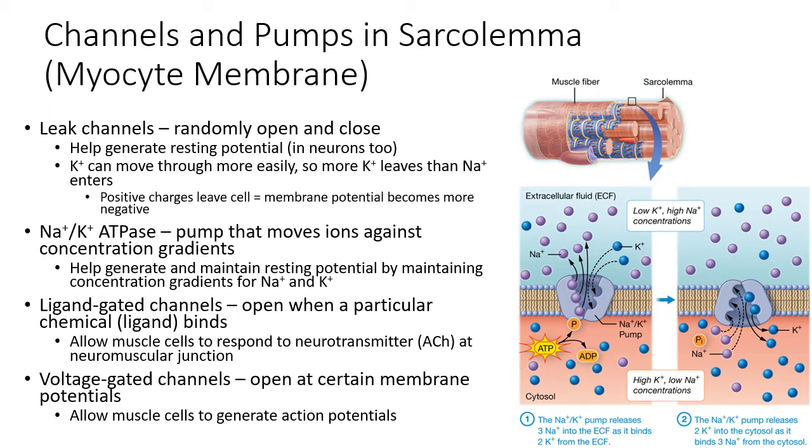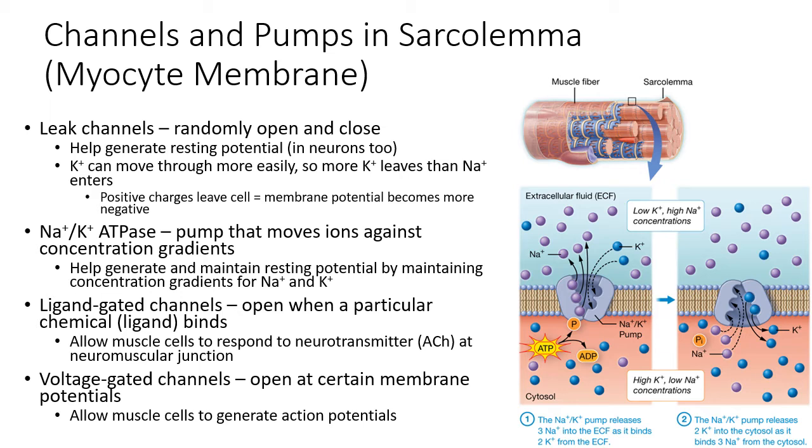So if you open a channel for potassium, it will move down its concentration gradient from inside where you have a lot to outside where you have little, taking its positive charges with it. So anytime you have potassium leaving the cell, that makes the inside more negative and the outside more positive, so it causes the membrane potential to become more negative.